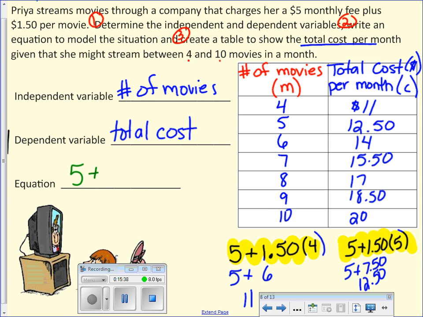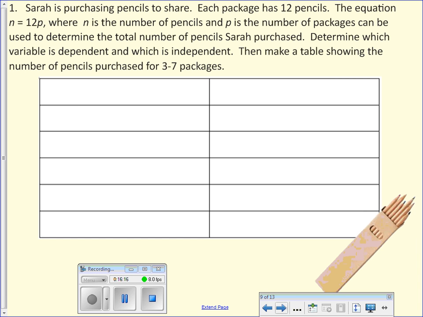So $5 plus $1.50 per movie equals my total cost. So with a $5 flat fee plus $1.50 per movie, per means to multiply. So when I write a coefficient and a variable in that term, that means to multiply. And then that equals my total cost. Any questions on how I set up that variable? No? Okay. Let's take a look at the next one.